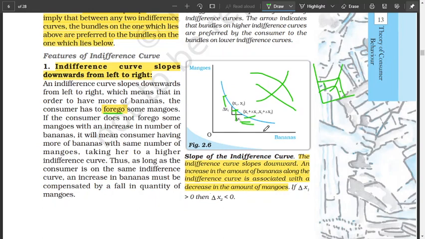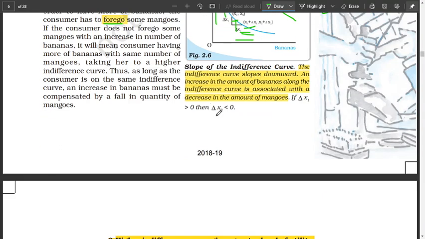That's why it is sloping downward from the left to the right. Let's read here that indifference curve slopes downward. An increase in the amount of bananas, from 1 to 2 to 3 to 4, along the indifference curve is associated with a decrease in the amount of mangoes, from 15 to 12 to 10 to 9. That's the first characteristic feature of indifference curve.